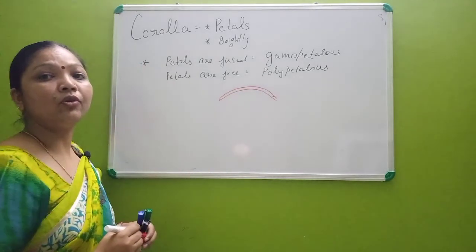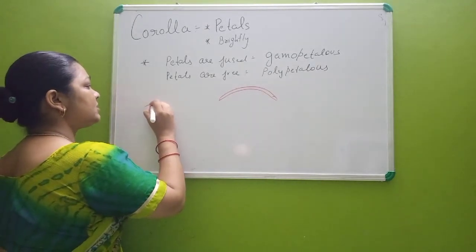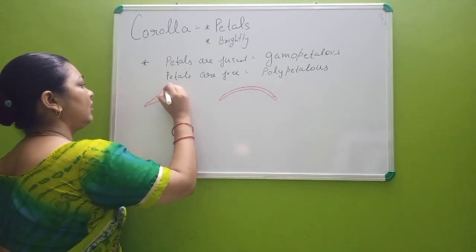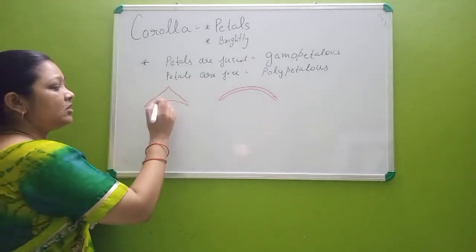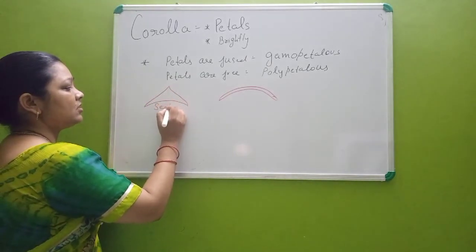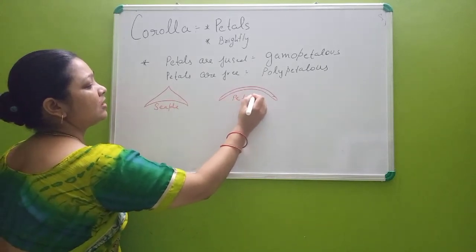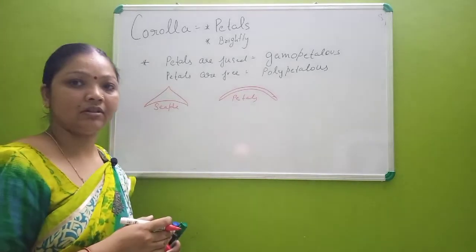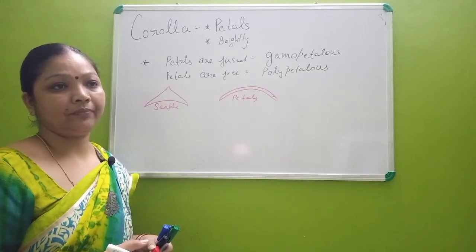In a floral diagram, sepals are represented by a pointed end, and this is the sepal and this is the petals. So this is the representation of sepals and petals in the floral diagram.